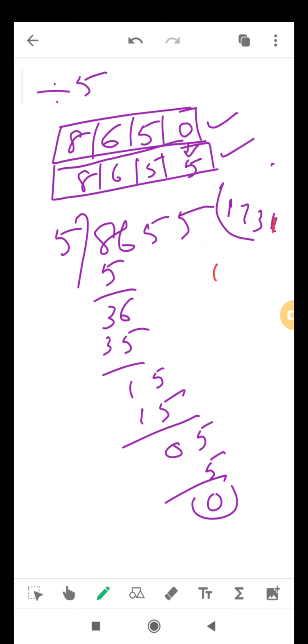Okay, so 1731 is your quotient, right? This is dividend and this is divisor, this is remainder, right?